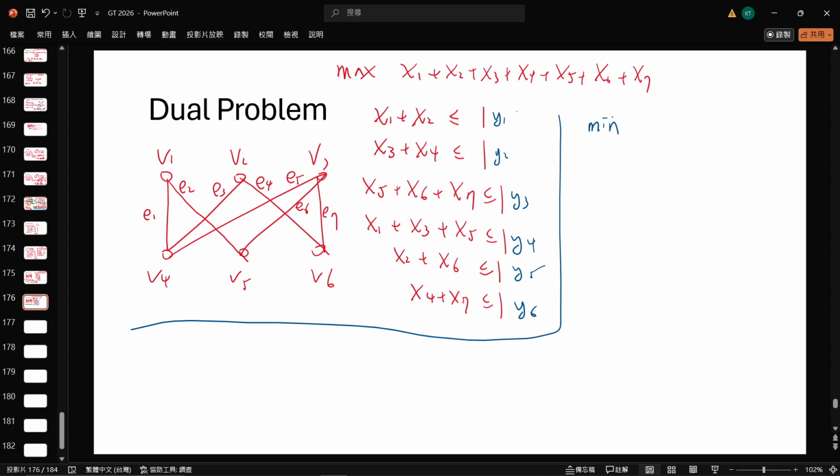So the product of these two is just y1 plus y2, and so on. It's just the sum of all the variables.